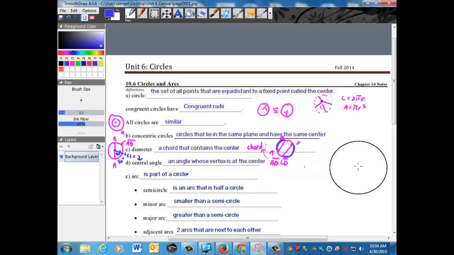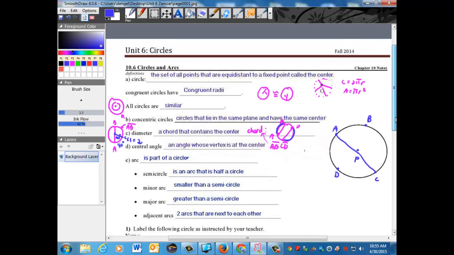Let's label this circle. We're going to call this point P in the middle. We have point A on the outside, and then we form a diameter with C. We'll try to draw this line as straight as we can. Then let's put point B up here, and point D down below.